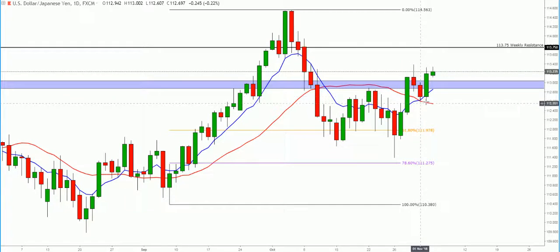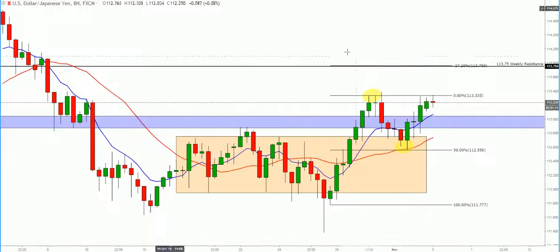Price rejected the moving averages, formed this bullish engulfing on Friday, back above the 113 support zone, and now we are heading higher towards that 113.75, 1.1375 region.